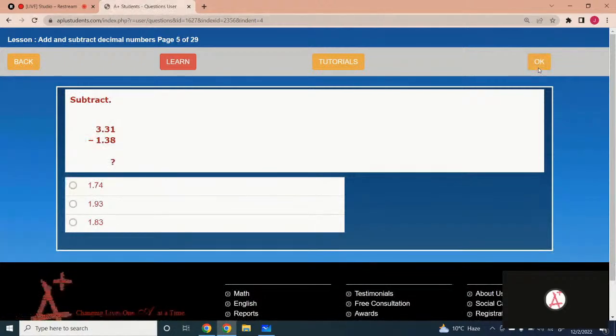Okay, 3.31 subtract 1.38. So which option is the correct one? 3.31 subtract 1.38, so it would be 1.93, isn't it?